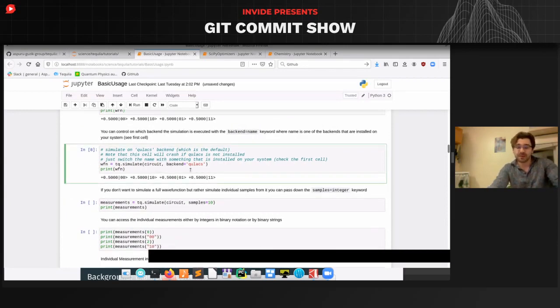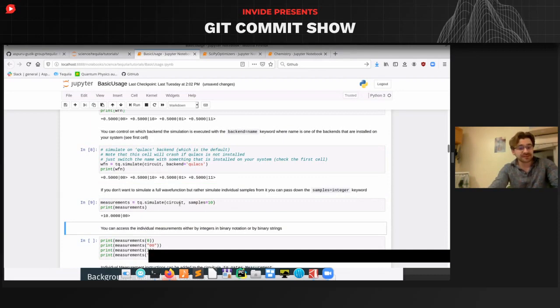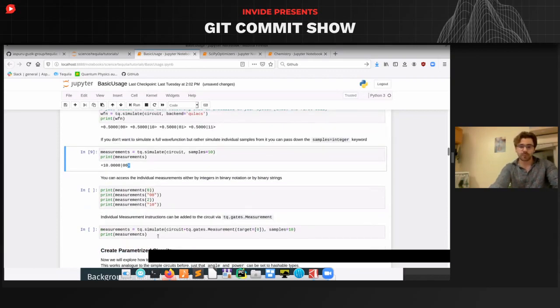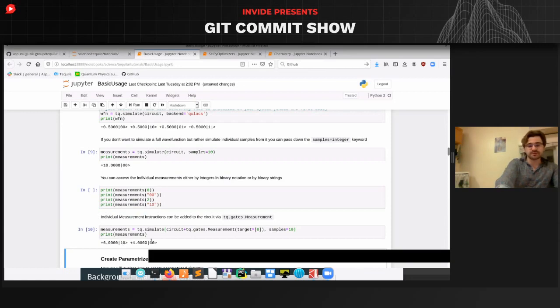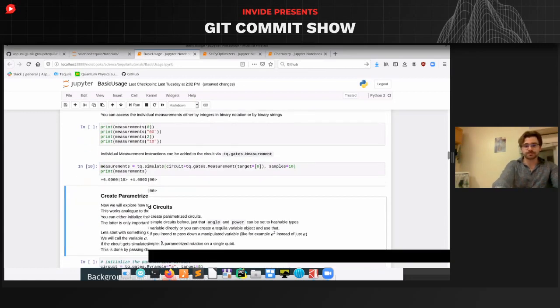You can specify what backend you want to use. You could measure instead. So we see here when we run it, in this case with 10 samples, you always get the 0-0 state. You could do it considerably more. You get 6 times the 1-0, 4 times the 0-0.